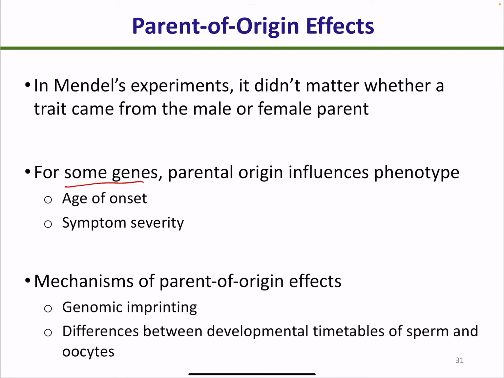We have an age of onset, right? And symptom severity is also going to be influenced by whether you received the feature from mom or from dad. Now, there is a mechanism of parent of origin effect.